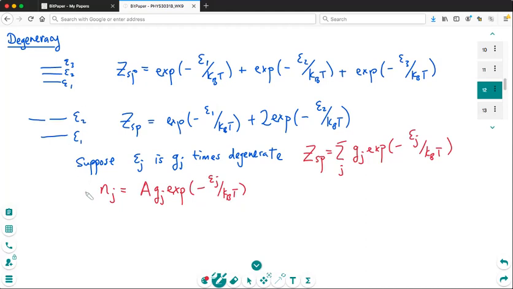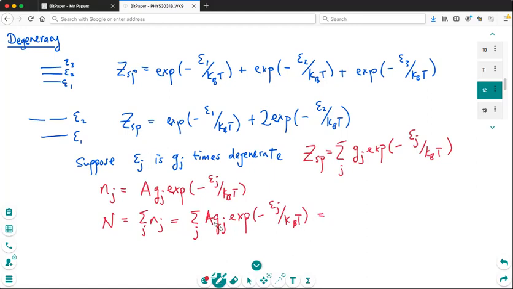And then the next thing is, what about all these variables? First, let's look at the total number of particles in the system. You really just plug it in. This is the definition, and you plug in the new formula here. So you have the sum over j of A g sub j times the exponential of minus epsilon j over kBT.